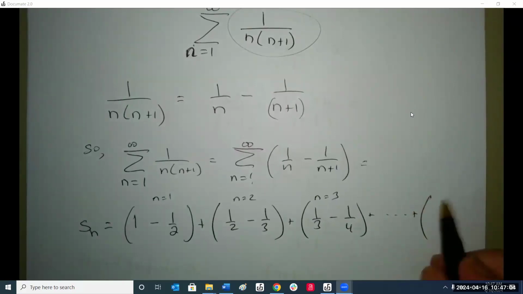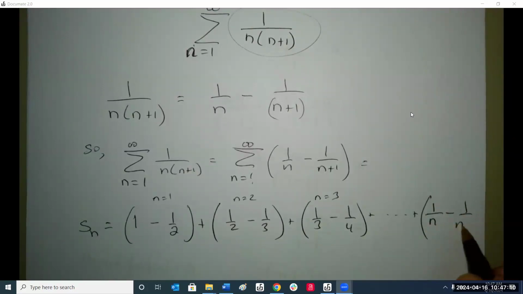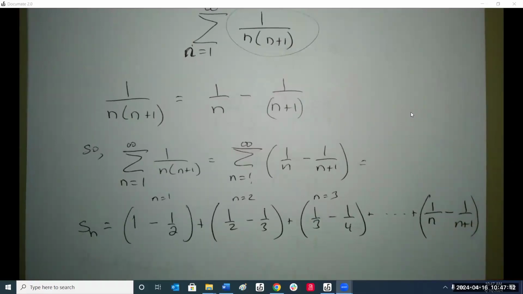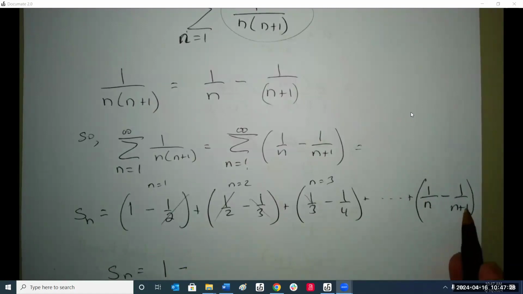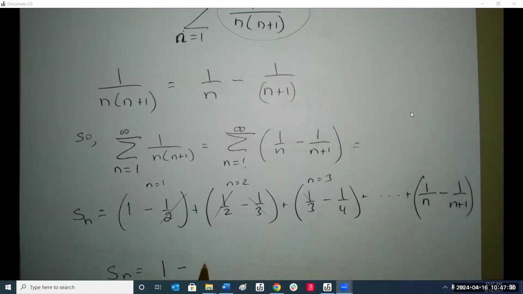And it's going to be 1 over n minus 1 over n plus 1. So we see that everything intermediary cancels, so we have 1 minus the last term.